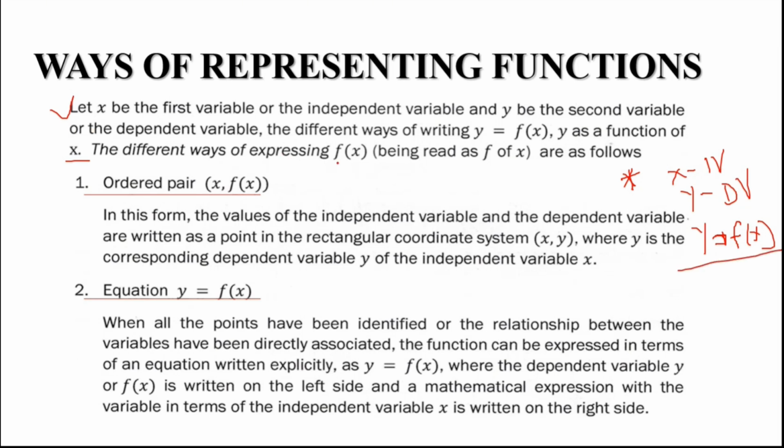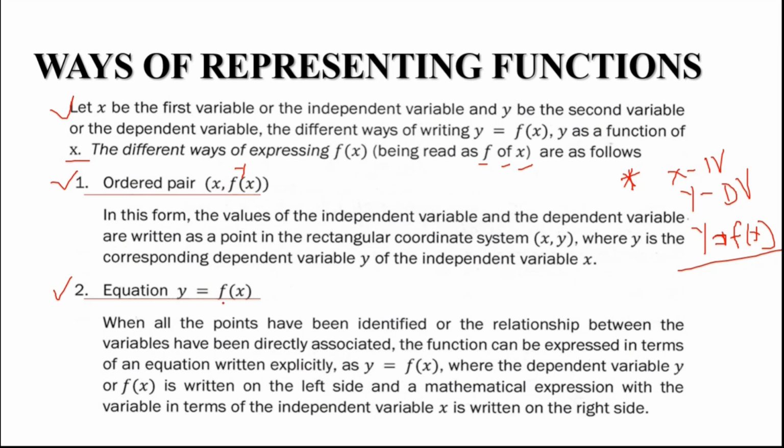So the different ways of expressing f of x are as follows. We have ordered pairs. So as you can see, x, f of x, instead of writing y, following the equation. Next we have equation, y is equal to f of x.